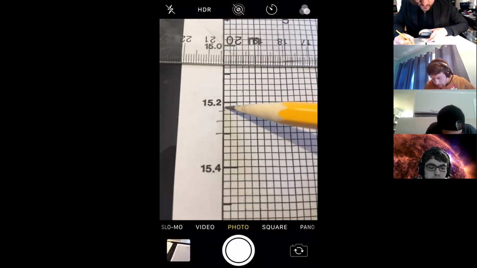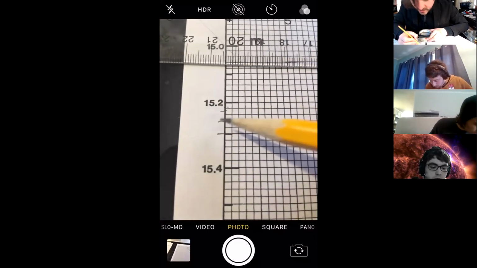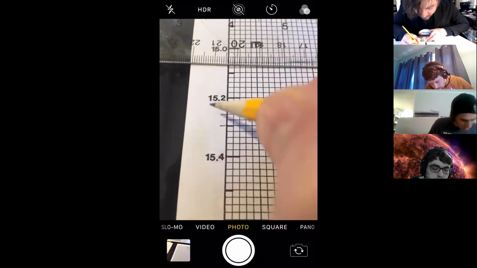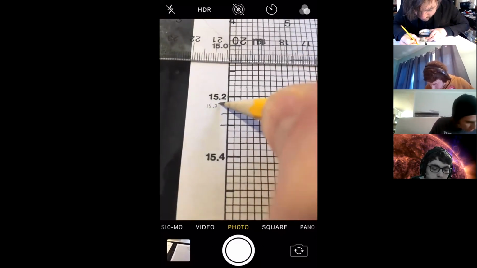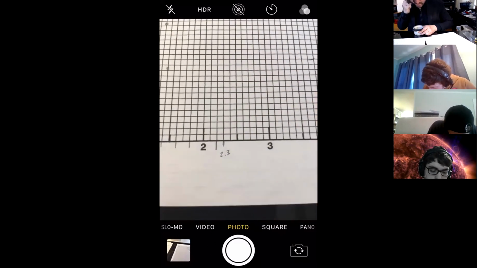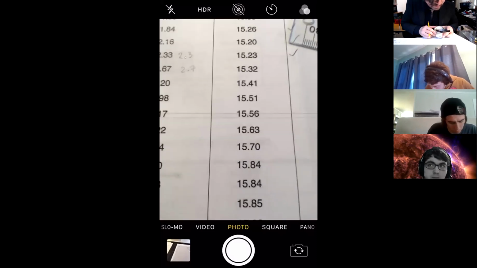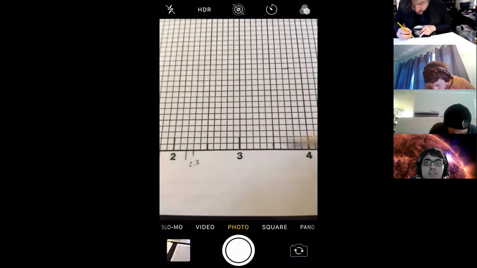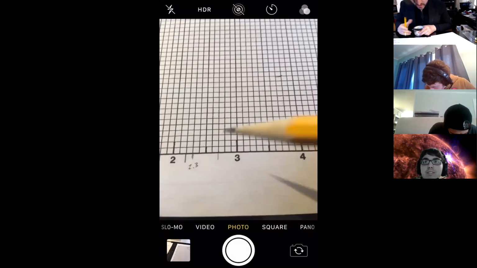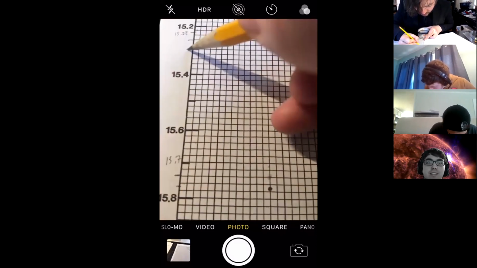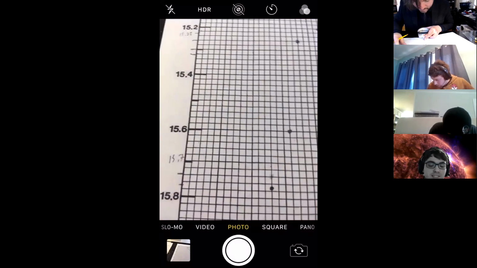Oh. That's 15.22. And that's 15.23 right there, halfway in between. Right? My sentiments exactly. So this is 2.7 and 15.32. 2.7 and 15.32 is right there.